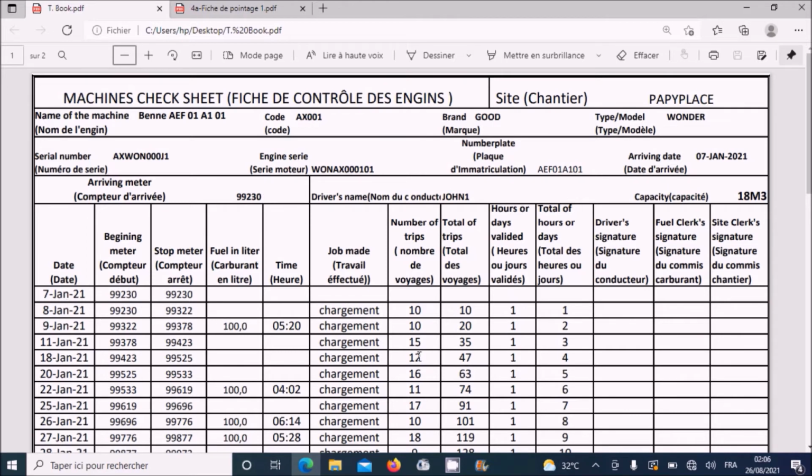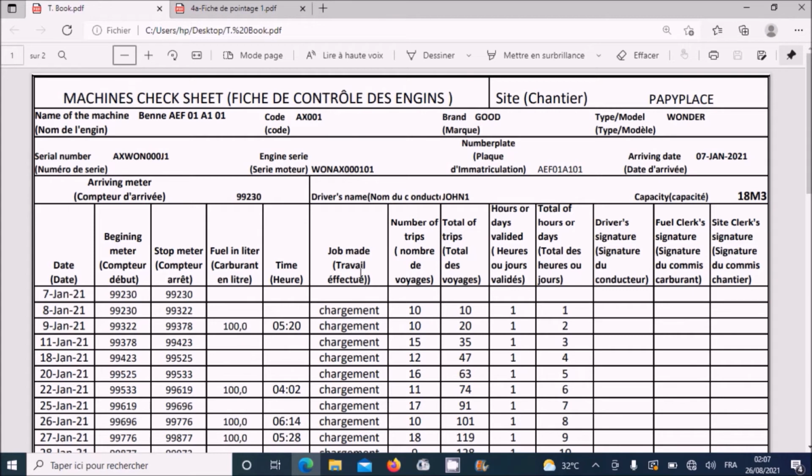So this truck doesn't work the 7th of January. We have the 8th. He starts with this meter and it stops with this meter. The truck doesn't take fuel.